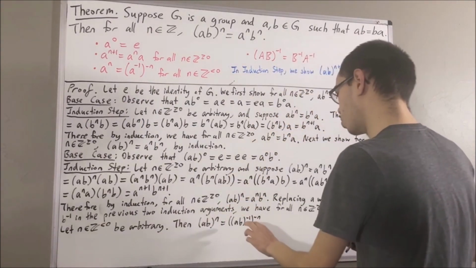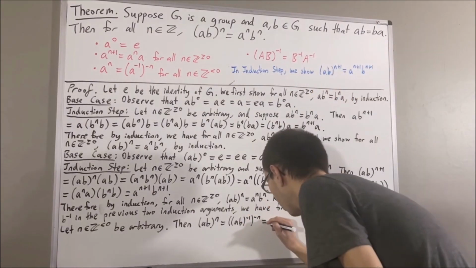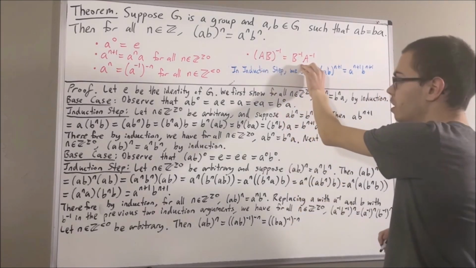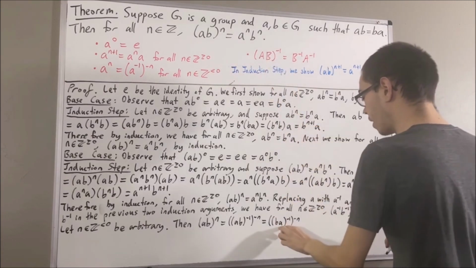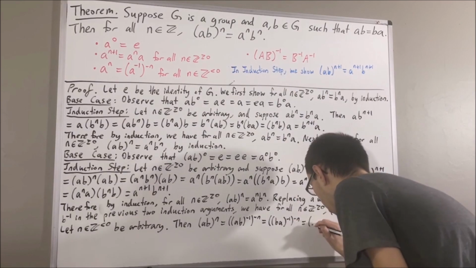And since we know ab is equal to ba, we can replace ab with ba. And applying this result for groups, if we take capital A to be little b, and we take capital B to be little a, the inverse of ba is just a inverse times b inverse.